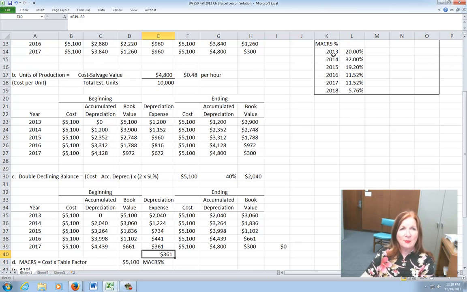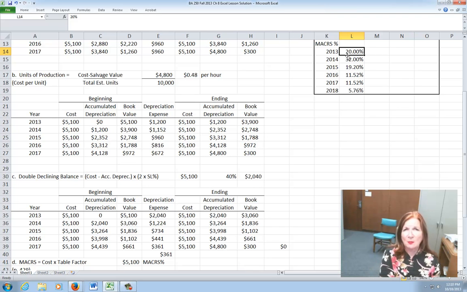So here we have the MACRS percentage. There's the year. There's the percentage out of the textbook. You need to put this in, remember, as 0.20, because for a percentage the decimal point has to come in front. So you can't put 2.0. You've got to put 0.20, 0.32, 0.192 to get these percentages.